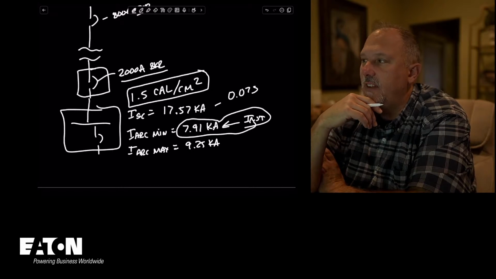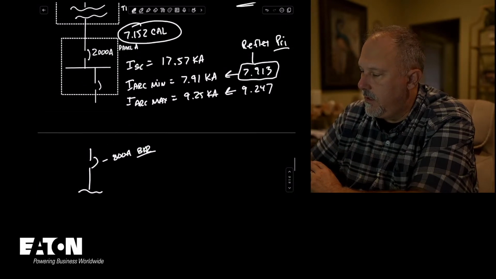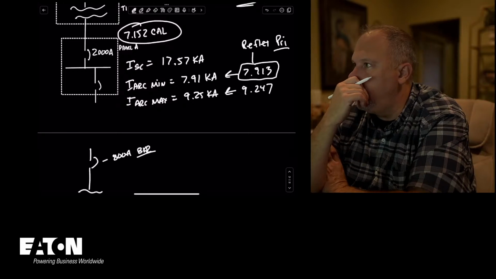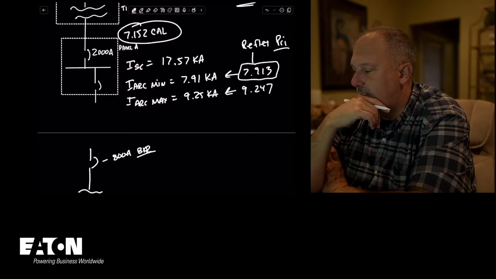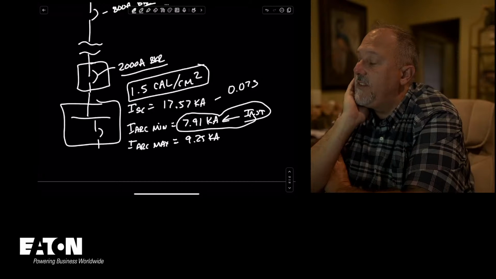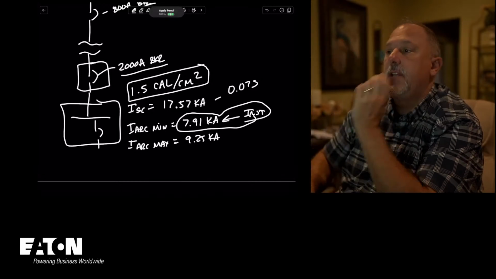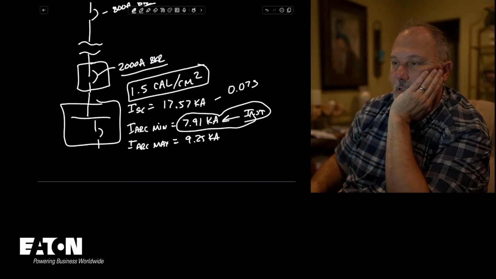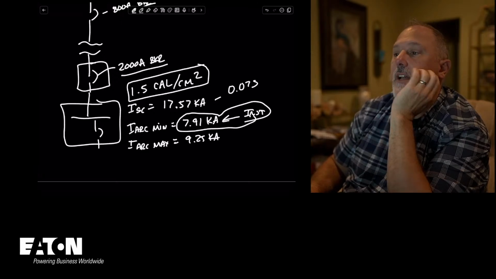So I took it from 7.152, 7.2 calories down to 1.5 calories. Let me just make sure that that clearing time is right. 0.01, 02, 3, 4, 5, 6, 0.07.